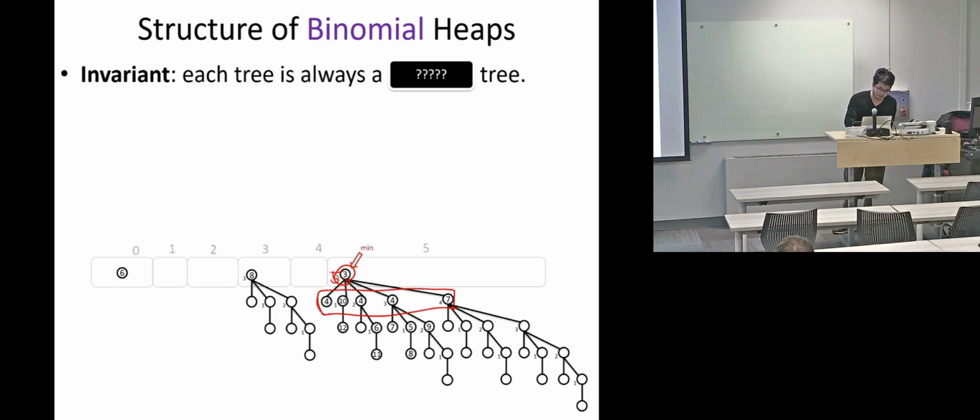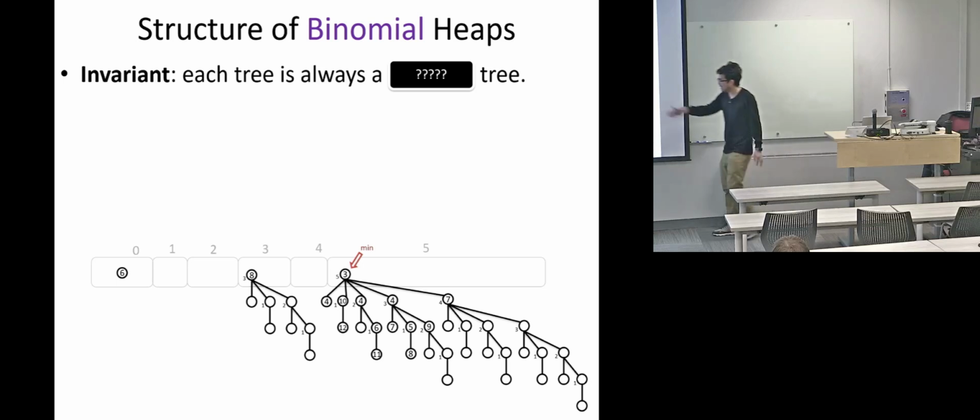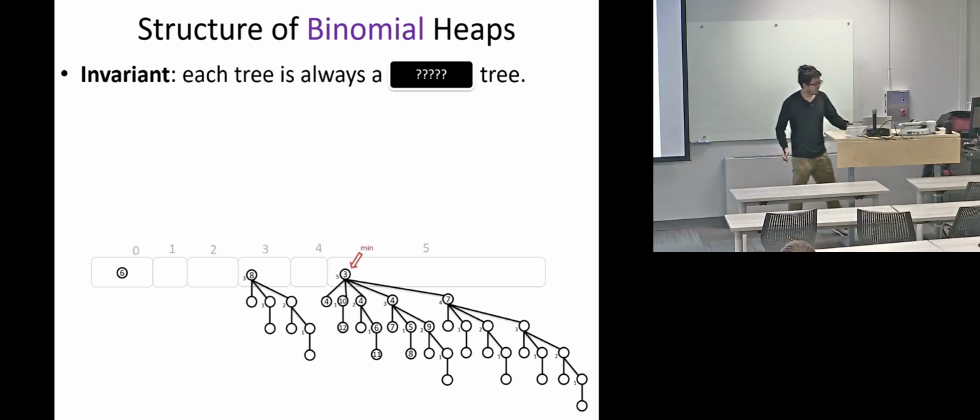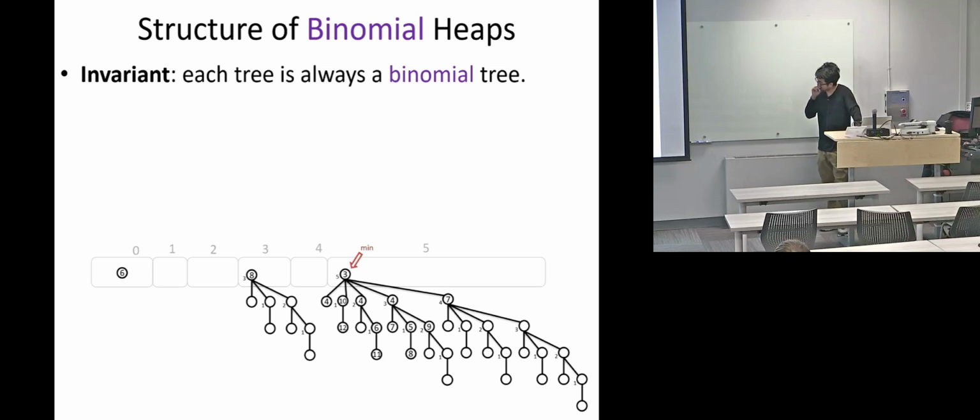This one has rank 0, this one rank 1, rank 2, rank 3, and rank 4. So you can see, I hope, that this really has a rigid structure. Is everyone with me that every tree is a binomial tree?